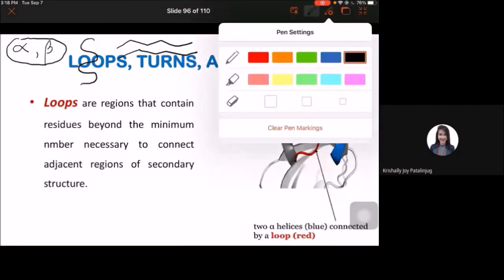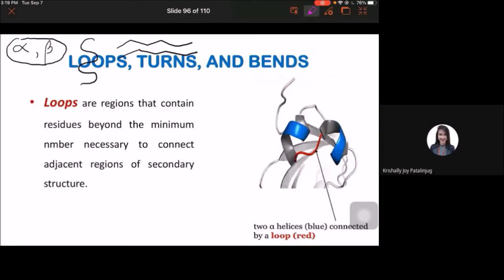Halimbawa, kung you have here a beta pleated sheet, another beta pleated sheet, and then you have here the alpha helix, kapag ganyan lang, walang mabubuong connection between these secondary structures.